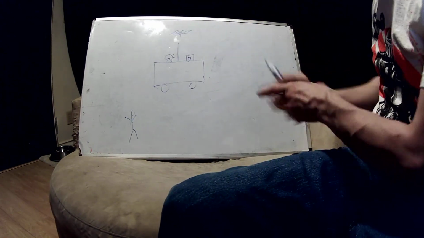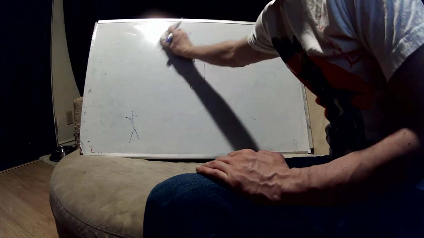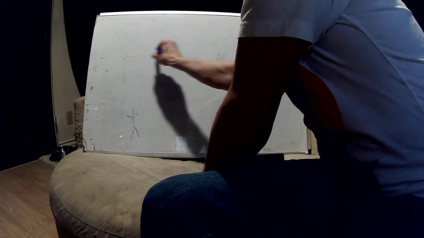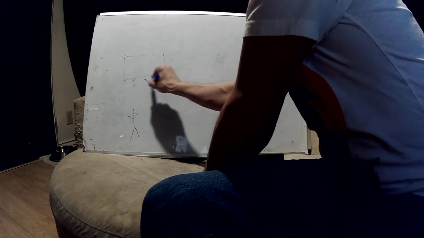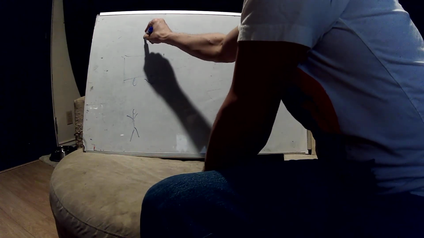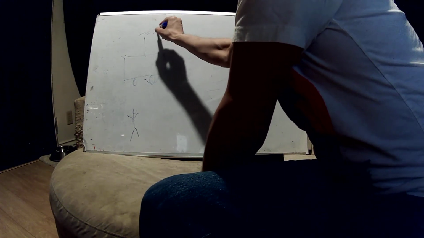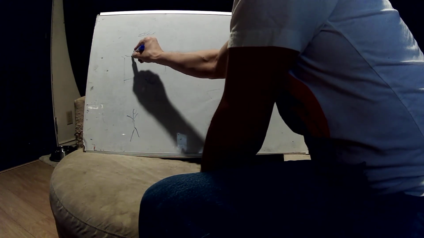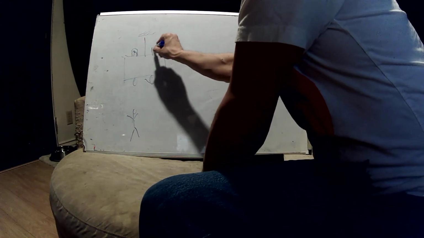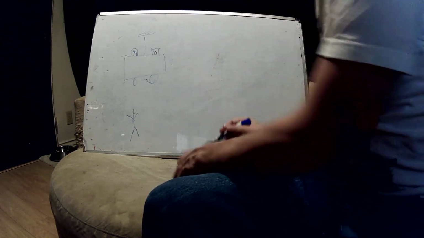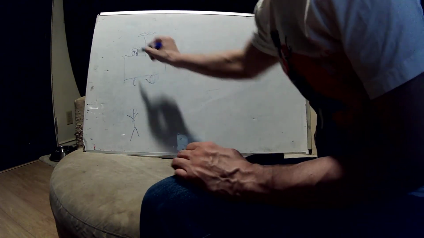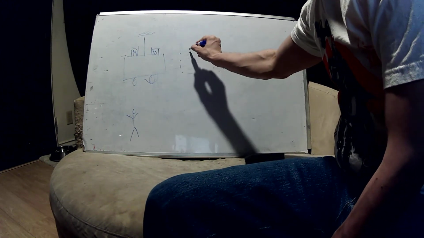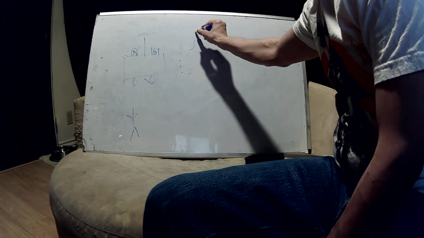Okay, so it's going to start, you know what, I'm going to redraw it. The train car is going to start over here. Okay, here's our wall, here's our mirror, here's our light bulb, and here's our photodetector, right? And at the very beginning, it's going to light up. At some later time, the light will have gone all the way up to the mirror.